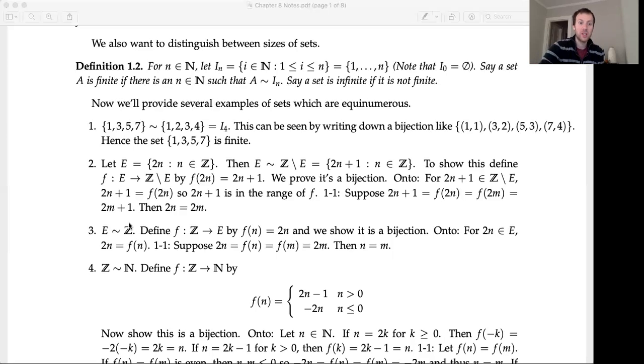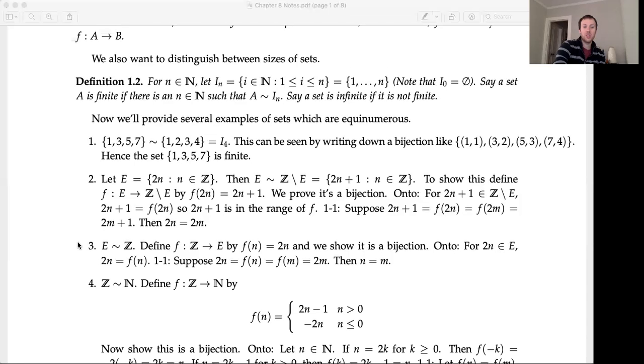But that seems really weird because the integers, so this is saying you take the integers, you throw out all the odd numbers to get just the even ones left, and those things have the same size. So this is where having the same size, or at least this way of defining having the same size, being equinumerous, there being a bijection, is a little counterintuitive, because you are inclined to say the even numbers are much smaller than the integers, because there are a lot of integers which aren't even numbers.